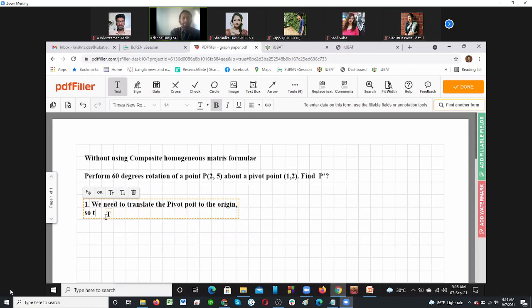So the translation factor, what we get, the t of x, that is -1, as the pivot point was 1 and 2.